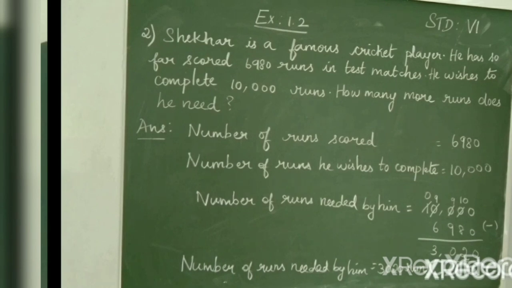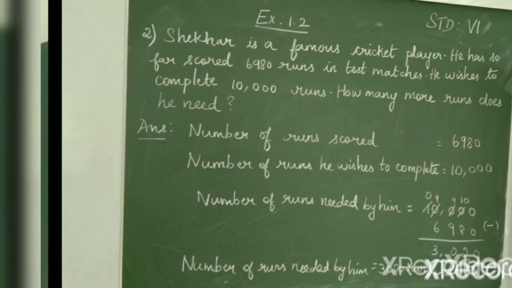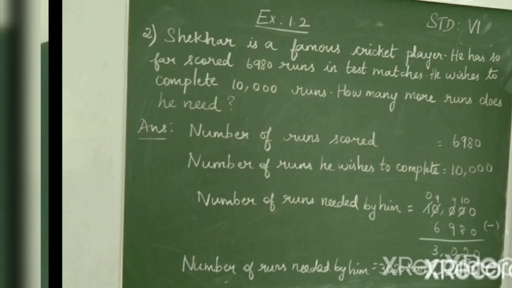That is our question. So here the number of runs scored will be 6,980, and the number of runs he wishes to complete is 10,000. So we have to find the remaining runs needed by him to reach 10,000. For that we have to subtract.